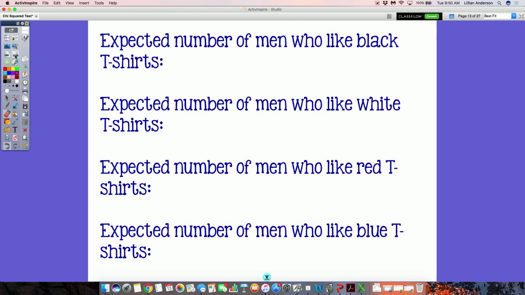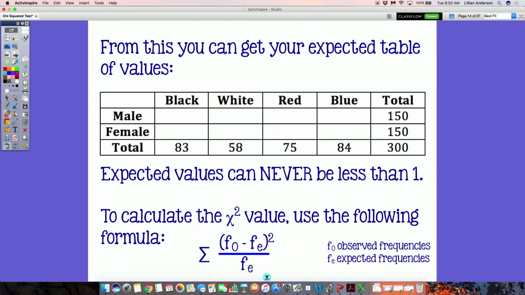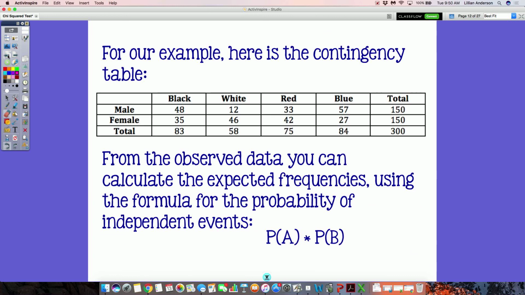Probability is a part divided by the whole, okay? So when it says the expected number of men who like black t-shirts, what you do is you take, okay, there's 83 total who like black shirts. There are 150 total guys, okay?